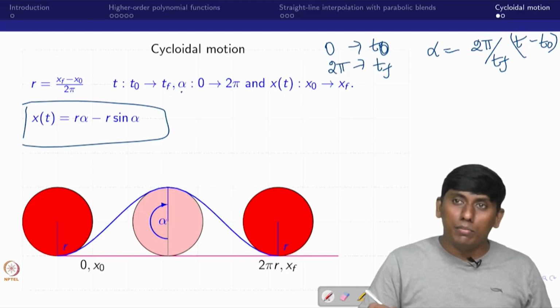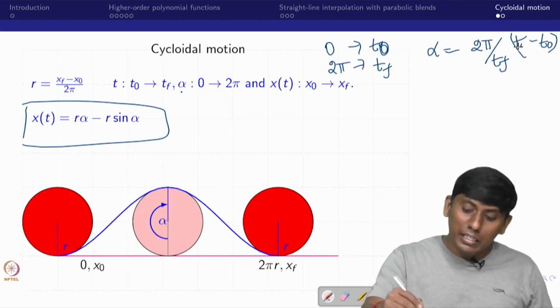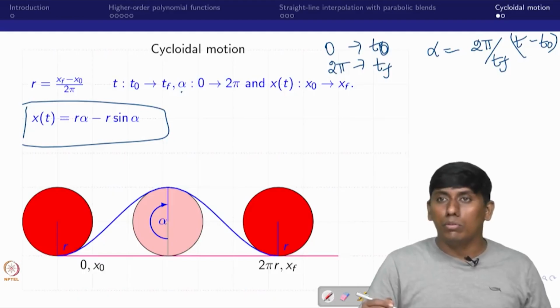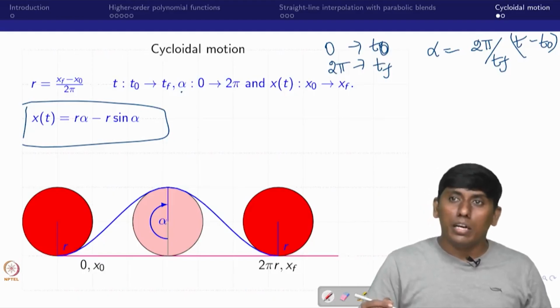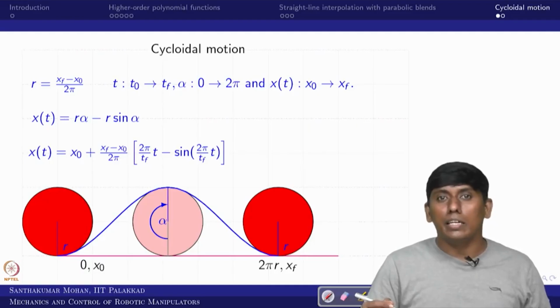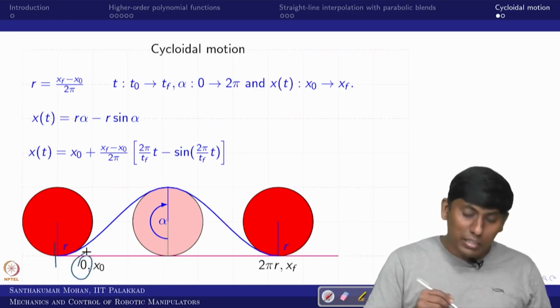When t equals tf, that would be equal to so and so. We always assume that t0 equals 0, we start from this.